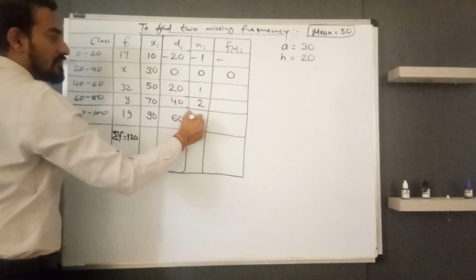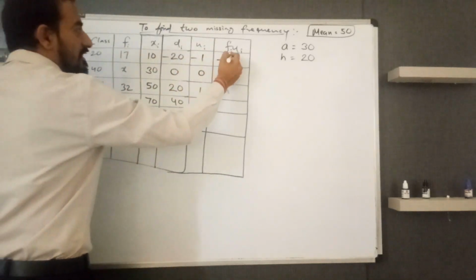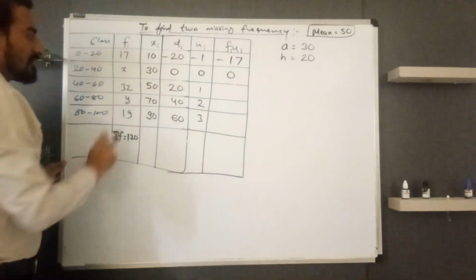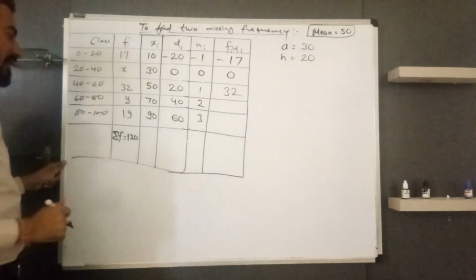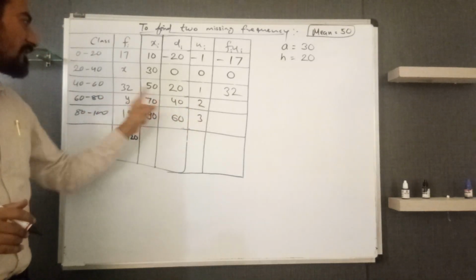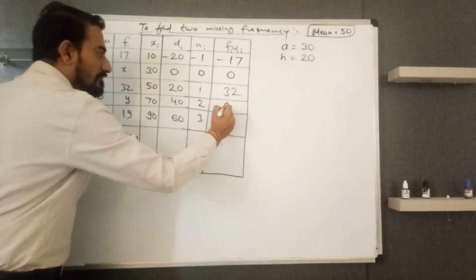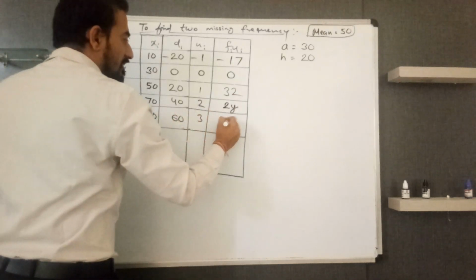u is negative 2, negative 1, 0, 1, 2. The next for fu: 17 times negative 2 is negative 34, negative 1 times 32 is negative 32, as it is. The next 2 times of y we will have. The next 19 twos are 38.